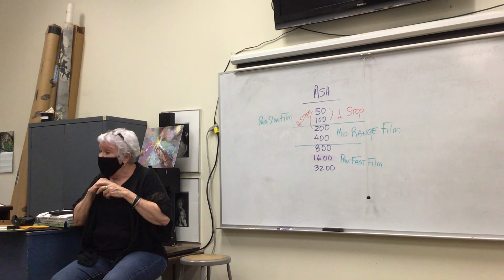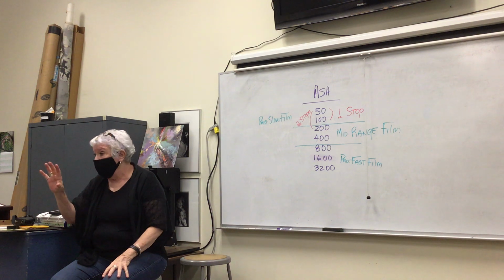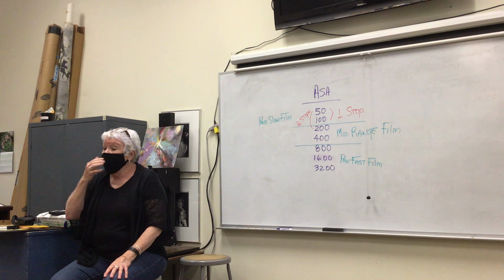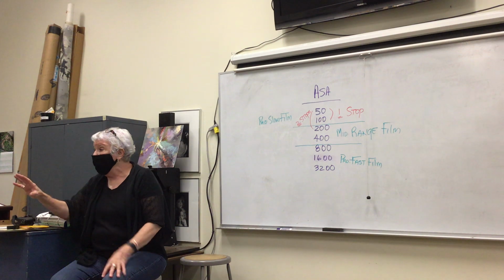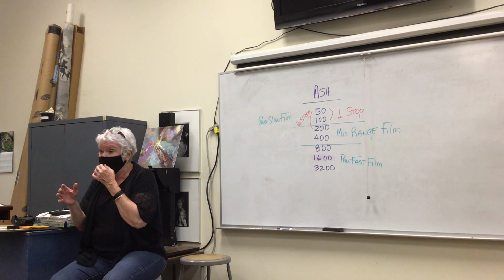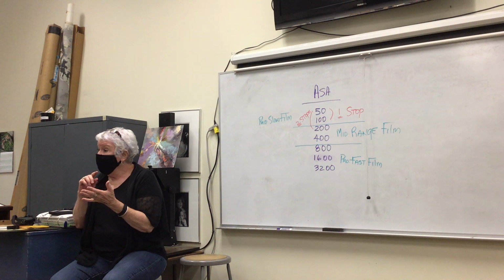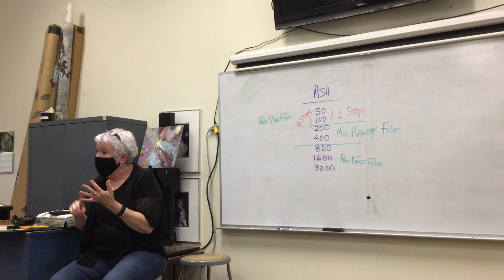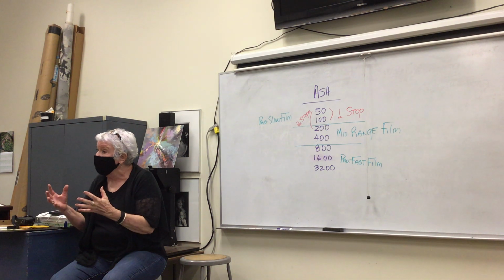But with film, you get almost five stops of information. And the number of stops of information can be enhanced with a slower developer. We're gonna match a mid-range film with a mid-range developer. And when I'm talking about mid-range versus fast, I'm talking about how quickly you process the film.